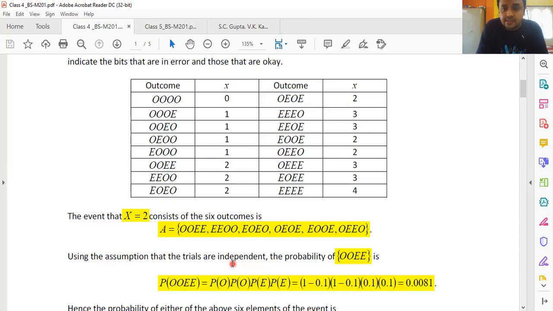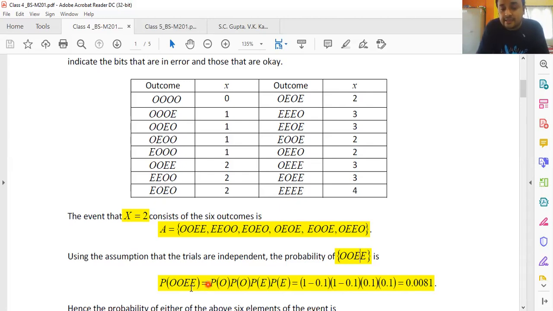So if I consider one such sequence, for instance, the probability of OOEE, if I want to calculate it, and we know that each of these single events are independent of one another, and you know that for independent events, probability of A intersection B is equal to PA into PB.